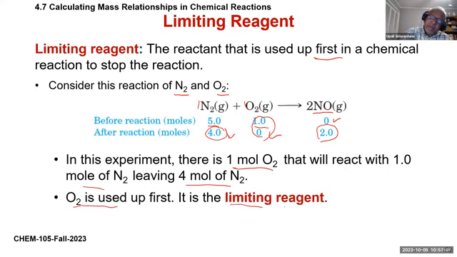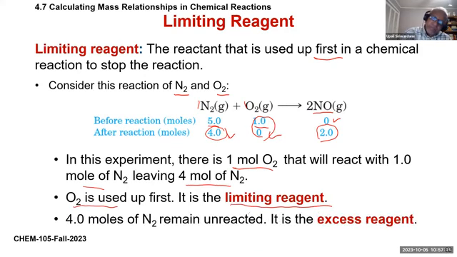Therefore, it is the limiting reactant or reagent. Right here, 4 moles of nitrogen remain unreacted. That's the excess reagent. So when you're doing a limiting reagent calculation, you need to know how to find the limiting reactant and the excess reagent.